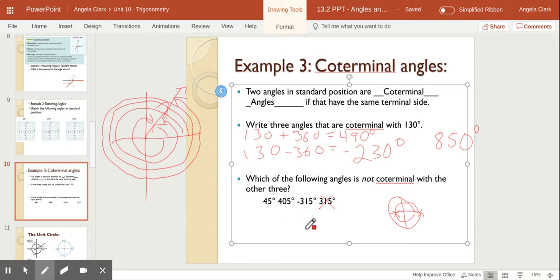So that was a giveaway right away. But another way we can tell is that we know this one is coterminal and that this one is not 360 degrees away from this one. That would be the best way to check.